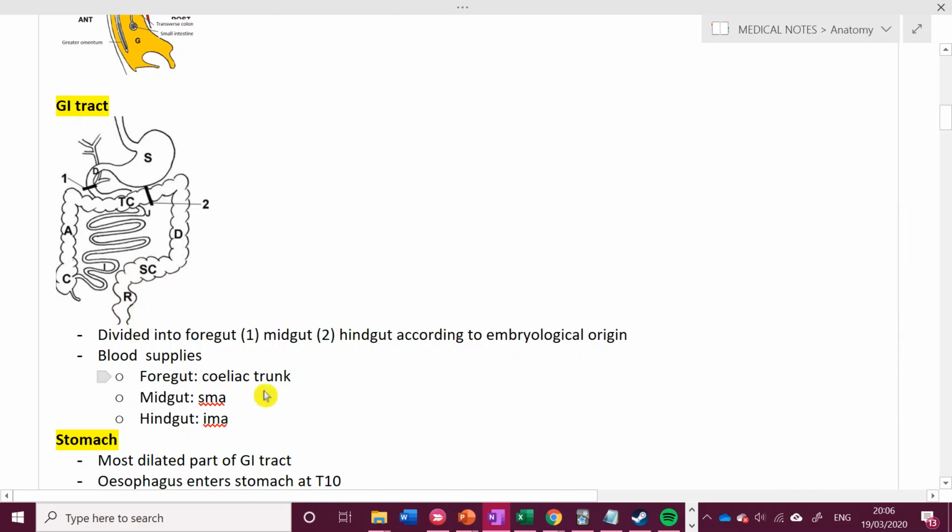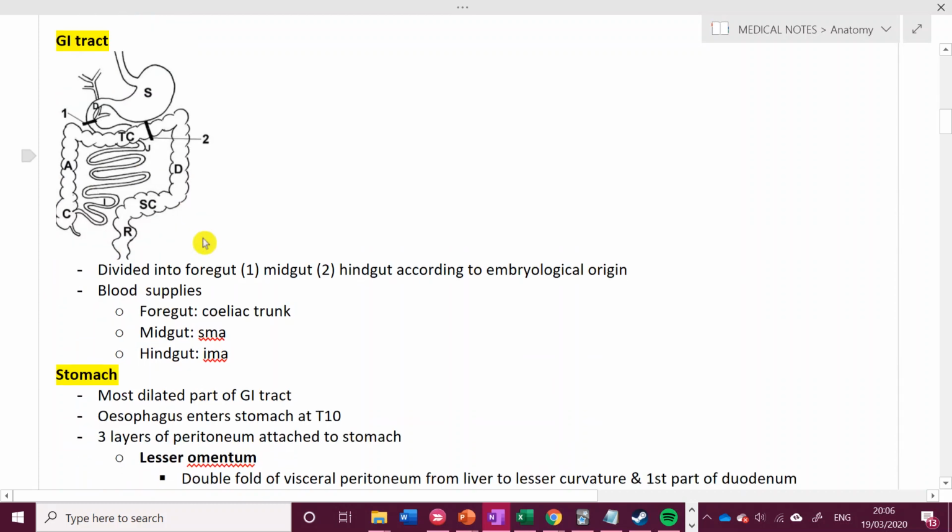And this is according to the embryological origins, and each of these three parts have different blood supplies. So the foregut is supplied by the celiac trunk, the midgut is supplied by the superior mesenteric artery, and the hindgut is supplied by the inferior mesenteric artery.